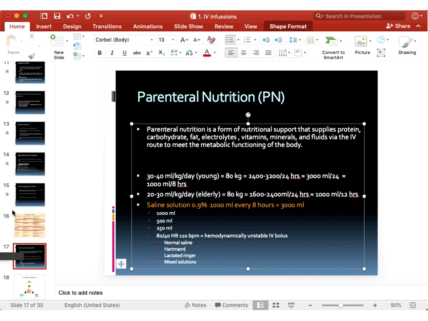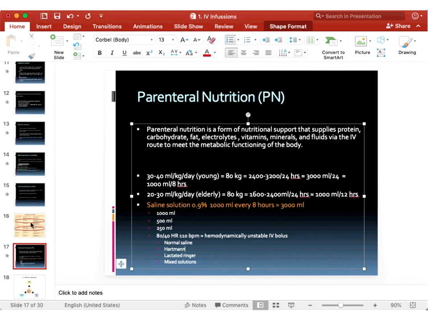You infuse 1 liter as an IV bolus, that means very fast, and then you check his vital signs again. If he improved, then you can infuse him another or the same solution, but you make your calculus within the next 24 hours.